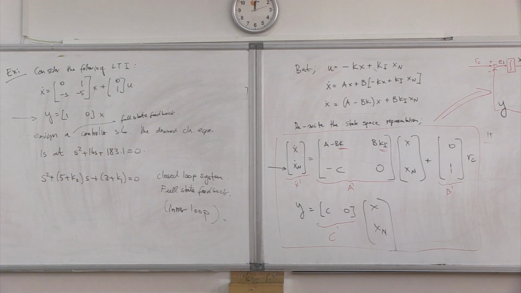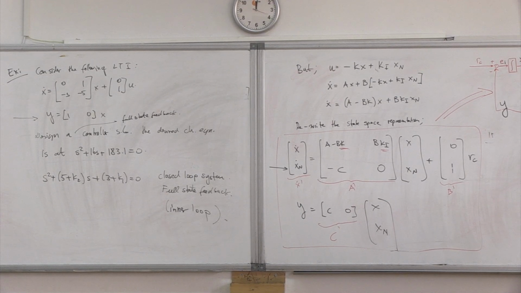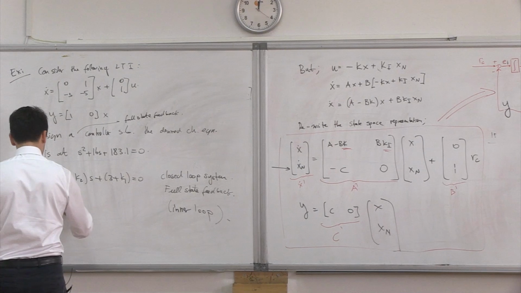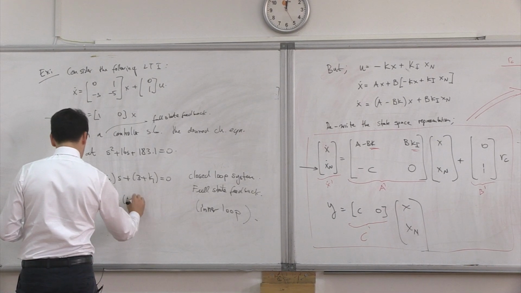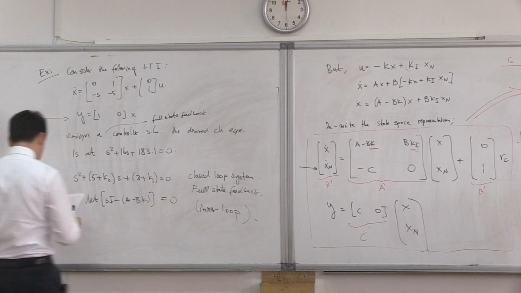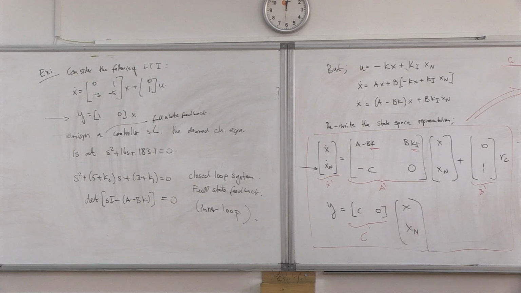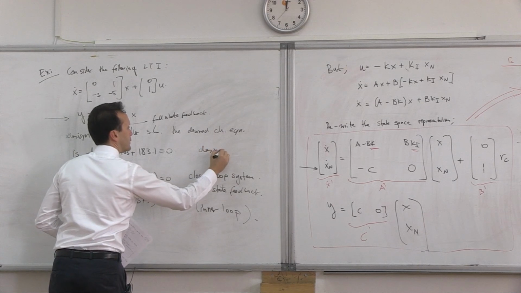Closed loop controller, feedback gain, this. And where did this come from? This comes from the determinant of sI minus A minus Bk equal to 0, right? That's how we obtain this. Compare this one with the desired. This is the desired.